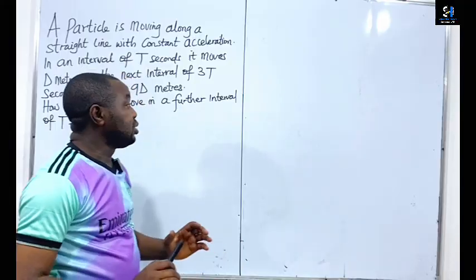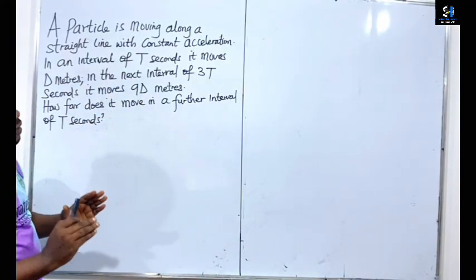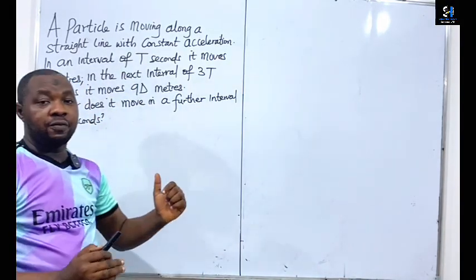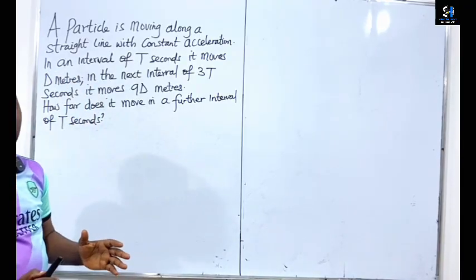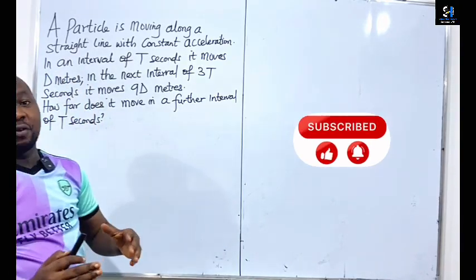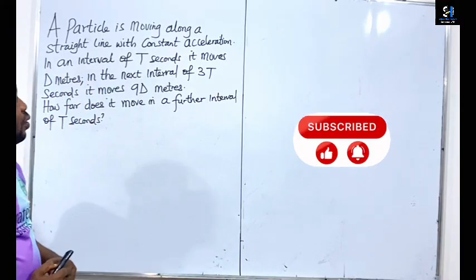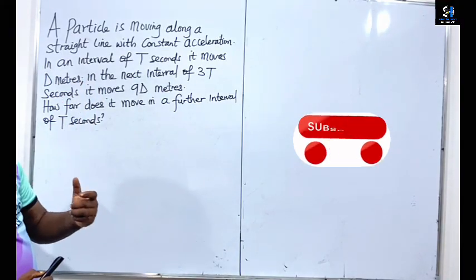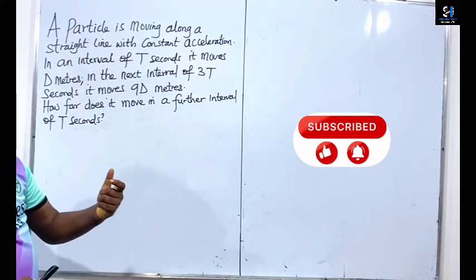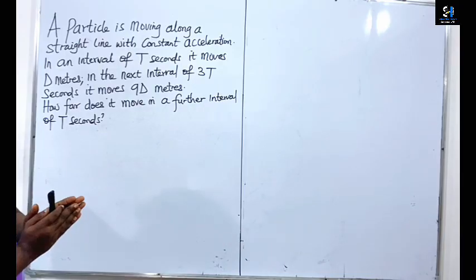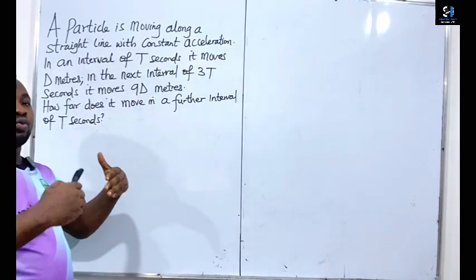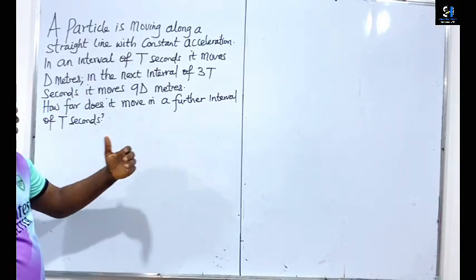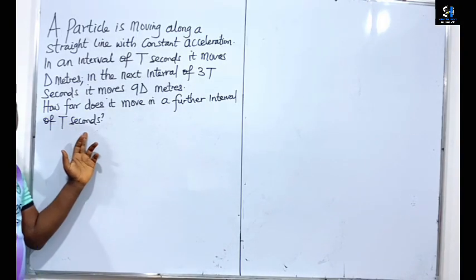Now, what to do in this case is to first find the expression for initial velocity and acceleration, because it will come in the form of an expression. The expression for acceleration and initial velocity is what we need in order to know how far the particle will move in a further interval of t seconds.